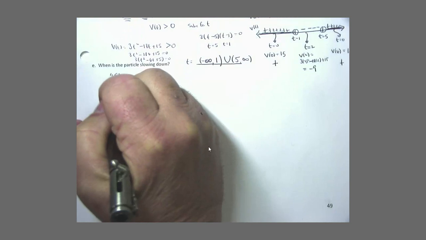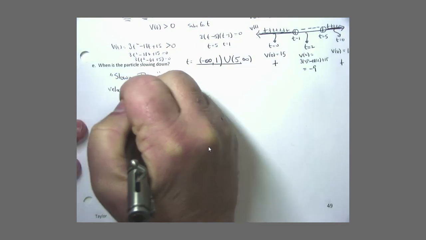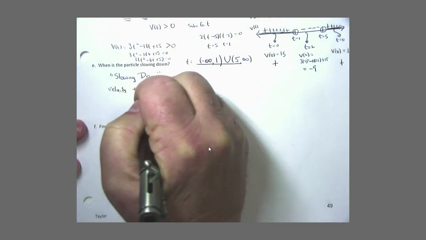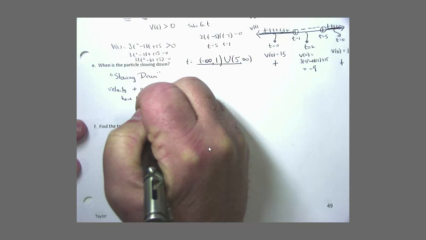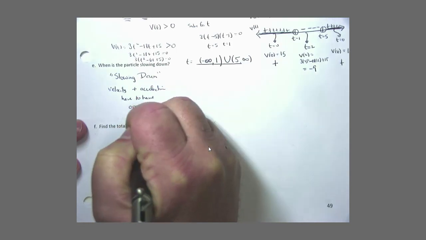Does that make sense? So to slow down, the velocity and acceleration have to have opposite signs. And this is the physics behind what we're talking about here.